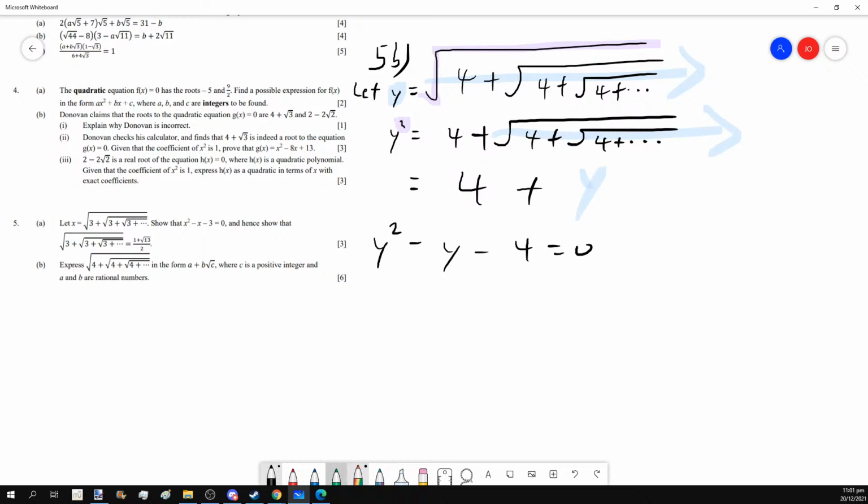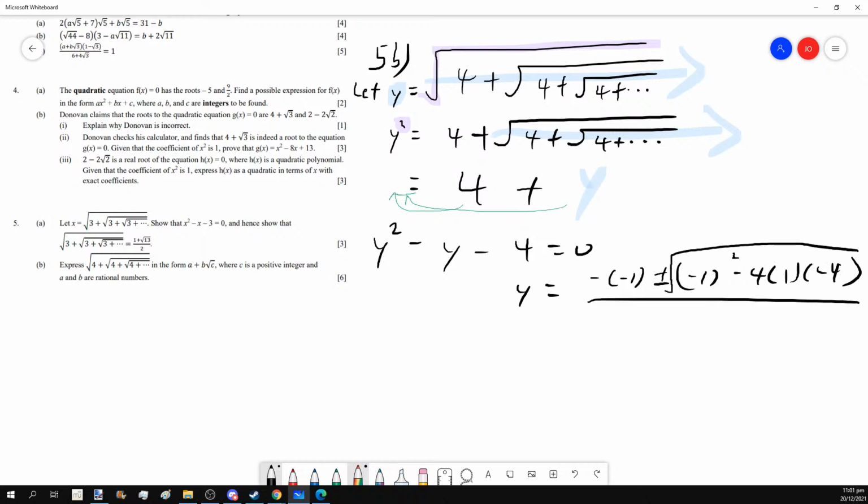From here, I'll move these over to get y squared minus y minus 4 equal to 0. Then y equals negative b plus minus the square root of b squared minus 4ac, all over 2a.